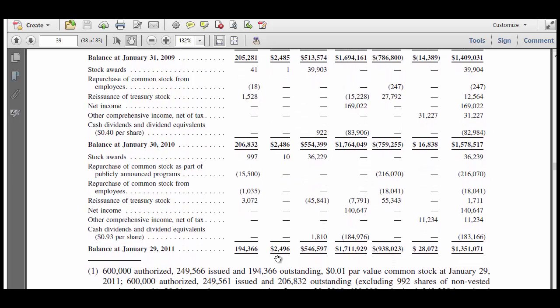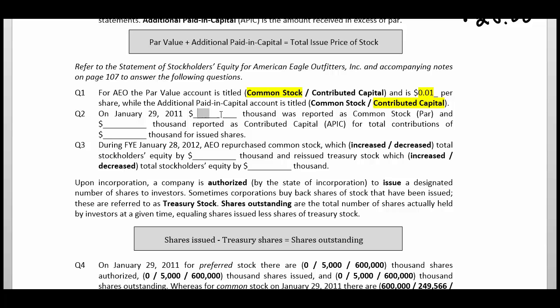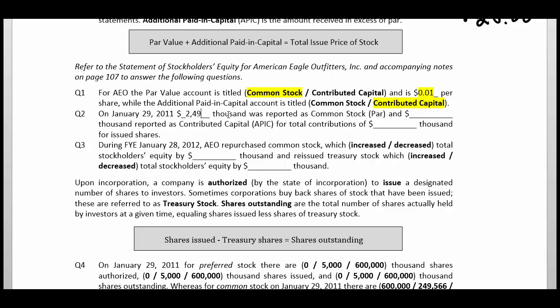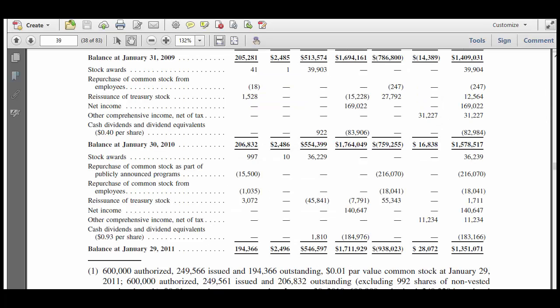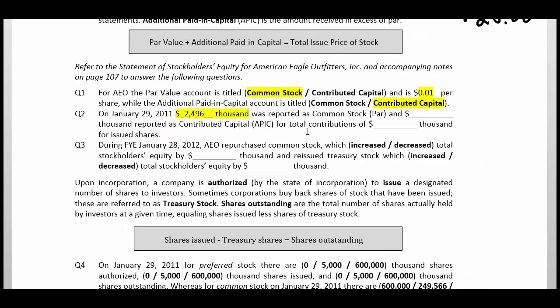So going down to year end, January 28, 2011, it's 24.96. And that's in thousands, so that'd be 2,496,000. I don't think it's 1,000. It seems very low. Oh, that's just common stock. 2,496,000 was reported as common stock par.